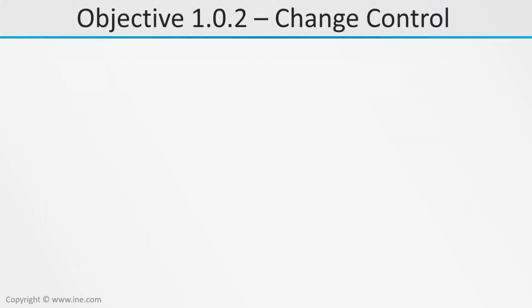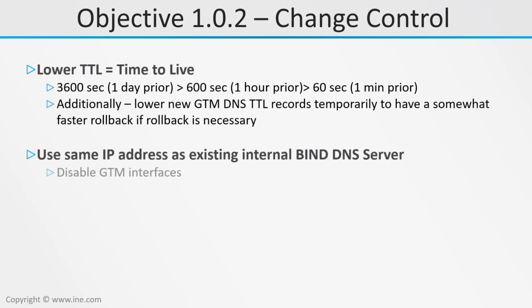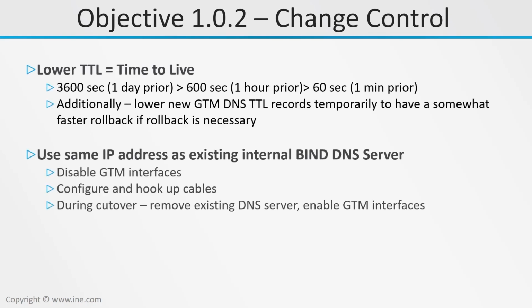Okay, so for the last part of Objective 1.02, it talks about change control. So we'll start by looking at TTL. TTL is time to live, and it's basically the expiry time of the record.